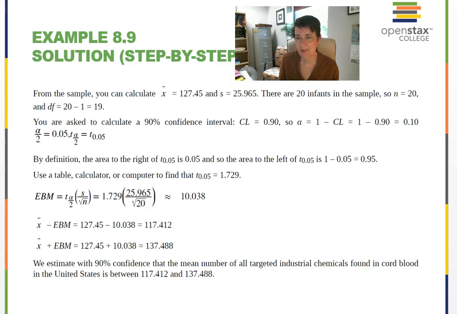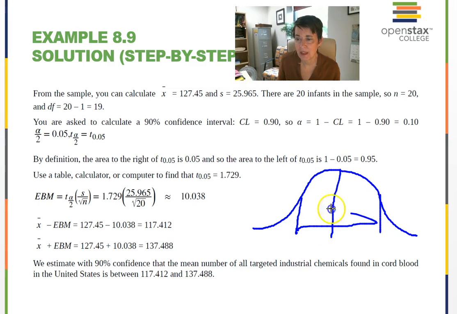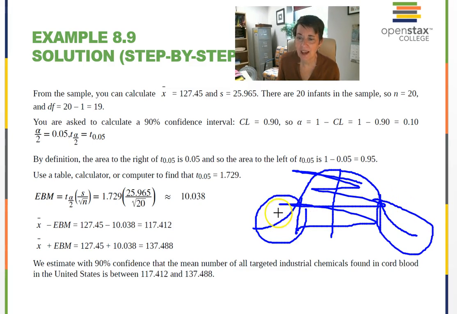I think I always have to draw a picture, right? So if I'm looking at 90%, okay, here's my mean. This is 90%. I'm looking at 90% in here. That means I have 10% to split between here and here, which means 5% is going to be in the tail, 5% is going to be over here in the head, and if I write that as a decimal, it is 0.05.